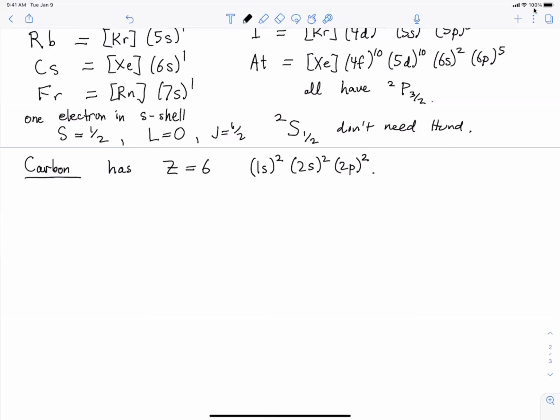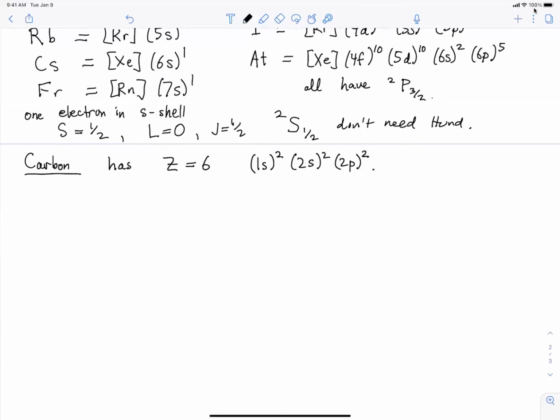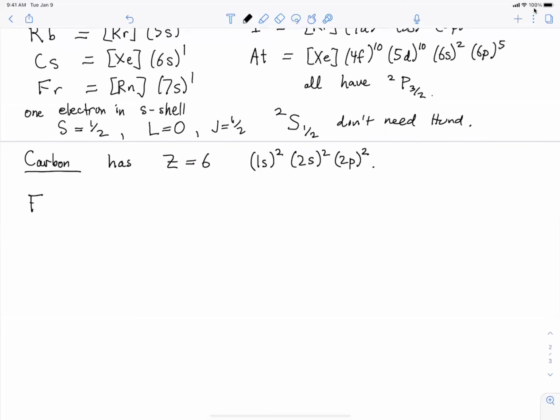So whenever things are a little bit complicated, a good thing to do is to first figure out what is the total number of electronic states associated with the unfilled shells. So first, we're just going to do counting. Count electronic states associated with the unfilled shells.